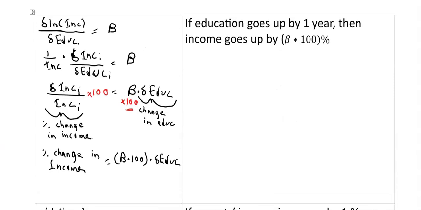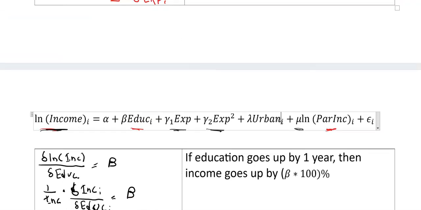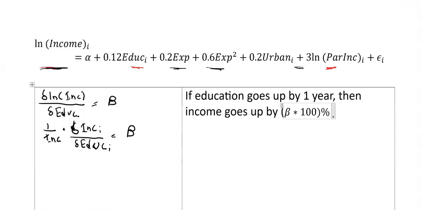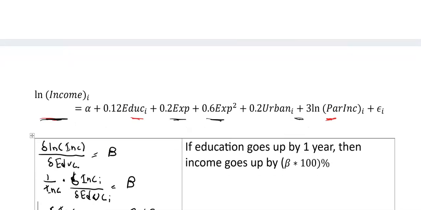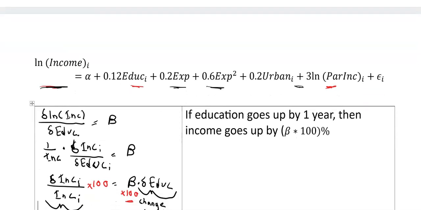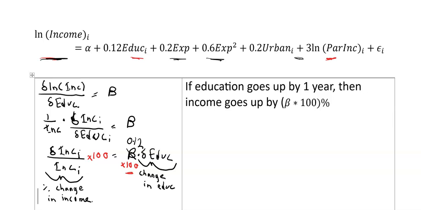Now let's look at numbers, because it does get a little interesting when we look at numbers. Let's say we have these numbers. If beta equals 0.12, then if I multiply it, my value would go up to 12%.